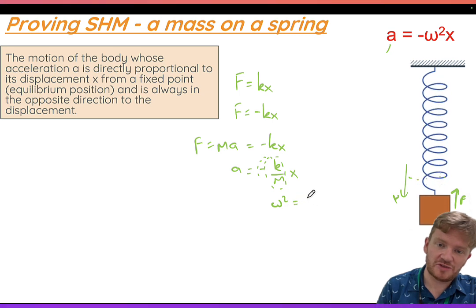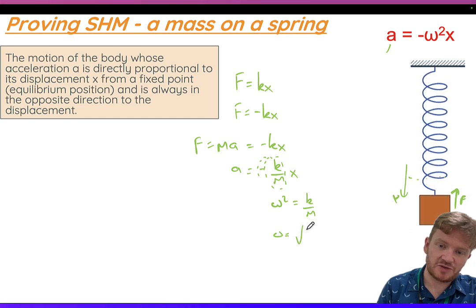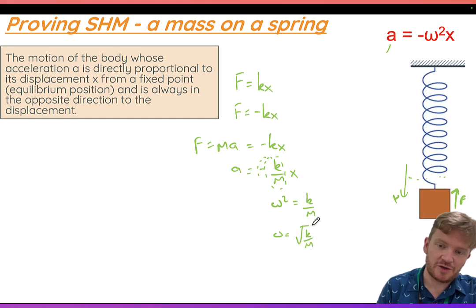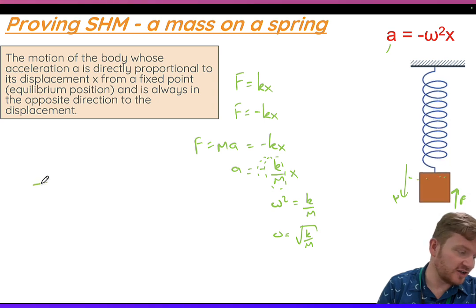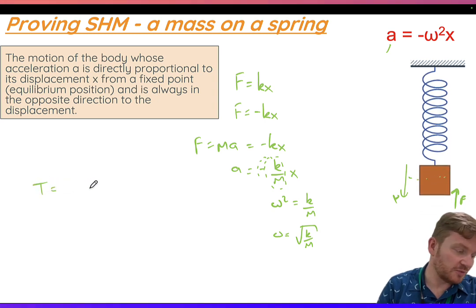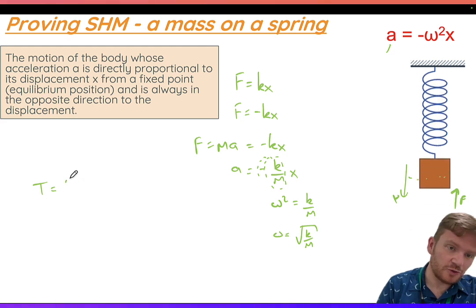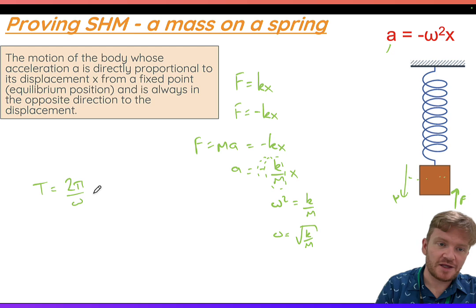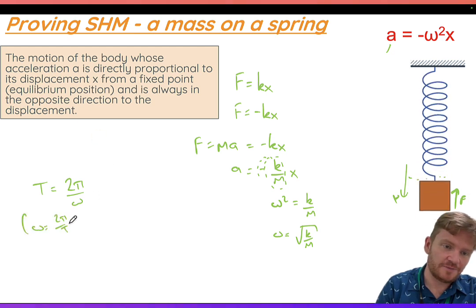So I can say omega squared is equal to k over m. Omega by itself must be the square root of k over m. But I can go even further. I know that the time period of something undergoing simple harmonic motion is 2 pi over omega, because remember, omega is 2 pi over T.